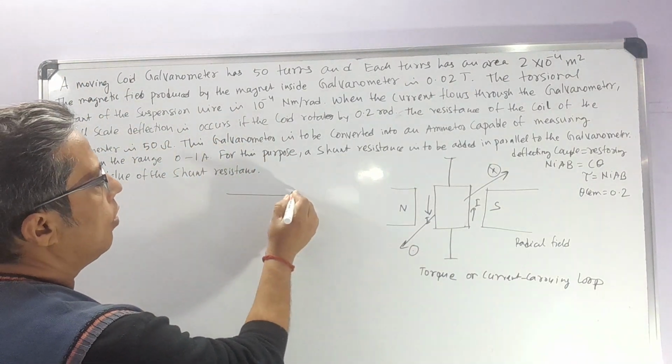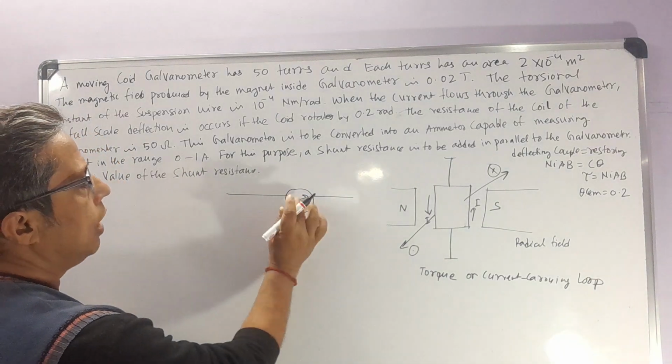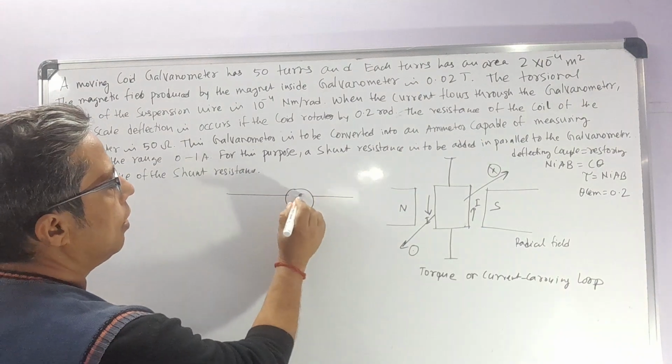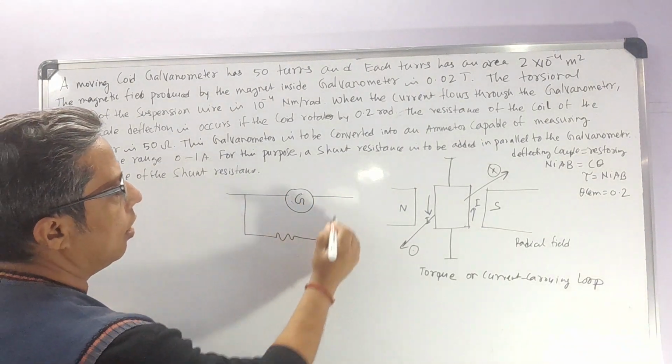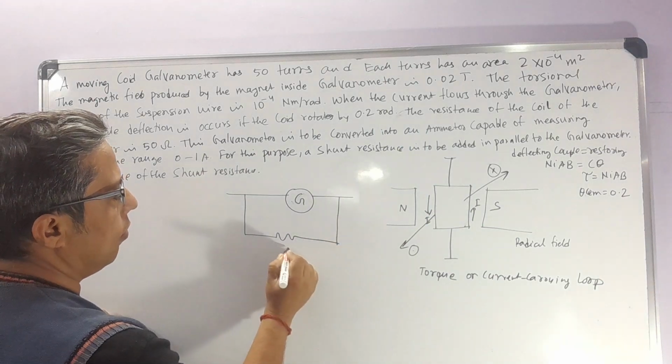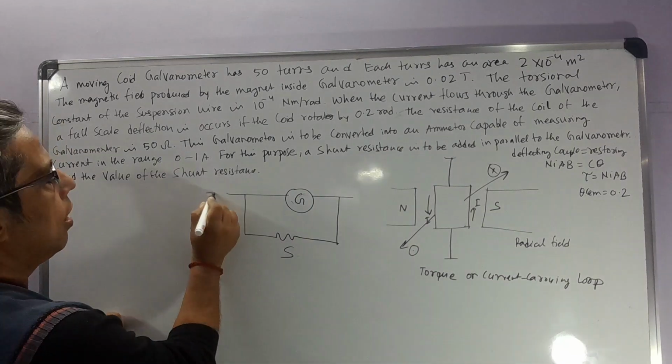If this is the galvanometer, let me call it G. This is a galvanometer, and with that there will be another resistance called S. This is the shunt. Now the current is flowing.